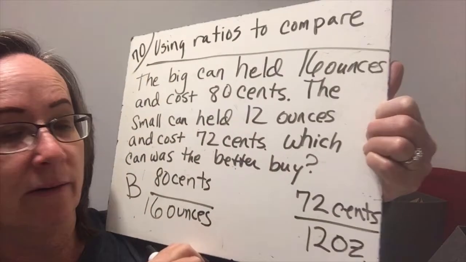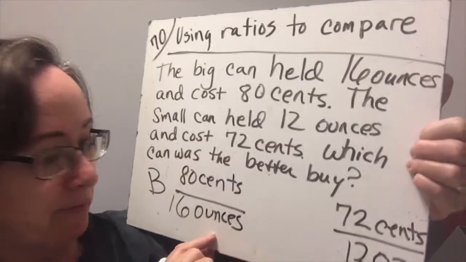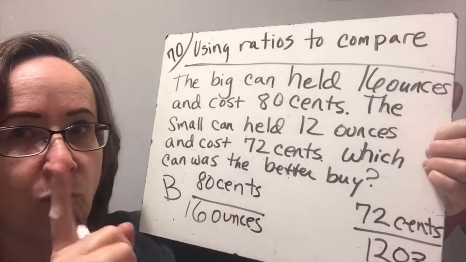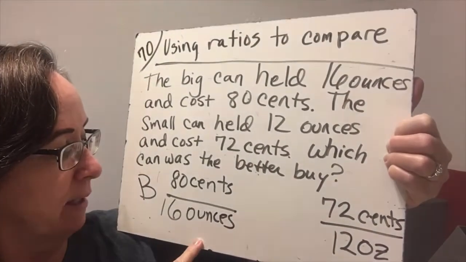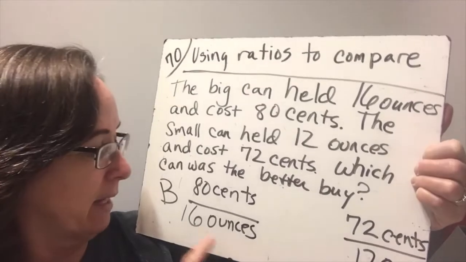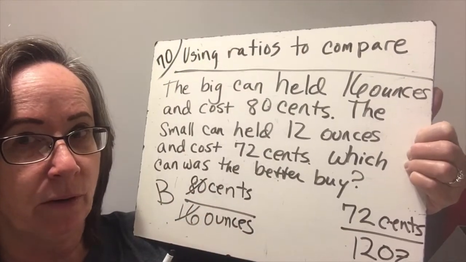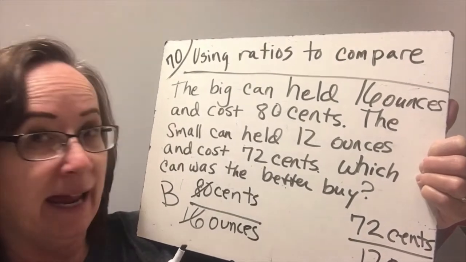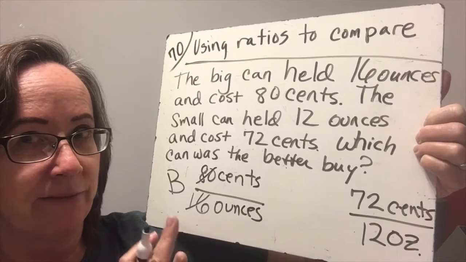Okay, so now we have each one of them. Can we simplify them to where we get 1 ounce on the bottom to get the unit rate for each one? I know that 16 and 80 both hold an 8, and I know that 16 goes into 80 five times exactly.